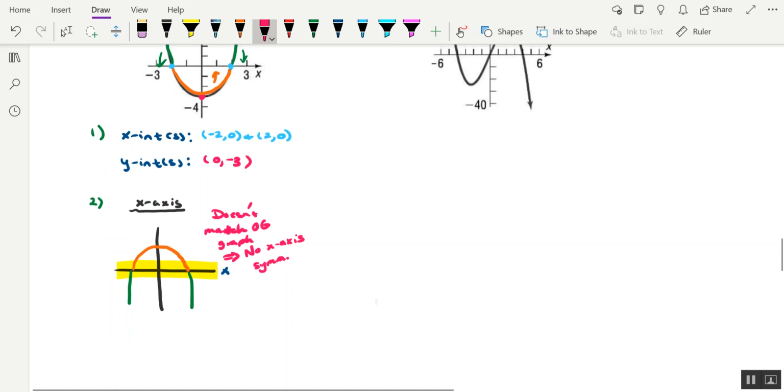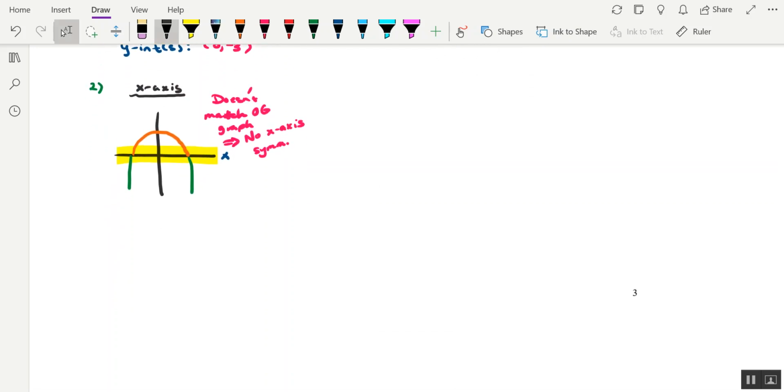Well, let's see if it has y-axis symmetry then. Well, our line of symmetry is the y-axis.